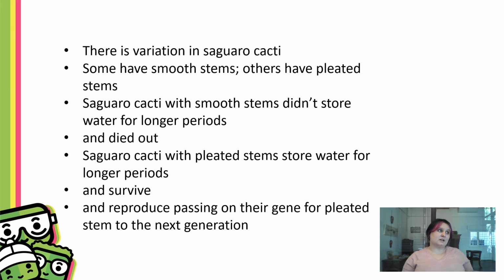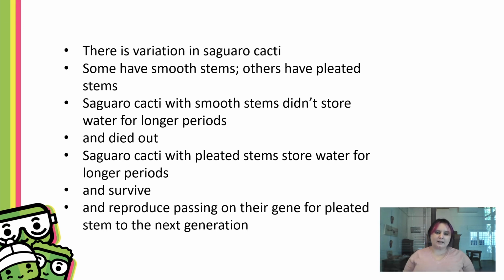Because those individuals died, they couldn't pass on their genes to the next generation. However, the cacti that had the pleated stems can store water for a long period of time, which means they have a much better chance of surviving in a desert environment. And because they survive, they are able to reproduce and pass on their genes for that pleated stem to the next generation. This happens over and over and over, with more and more individuals with pleated stems surviving and then passing on those genes to their offspring, to the next generation.